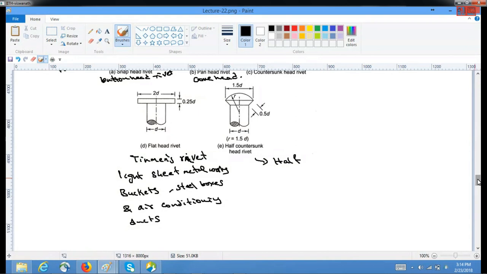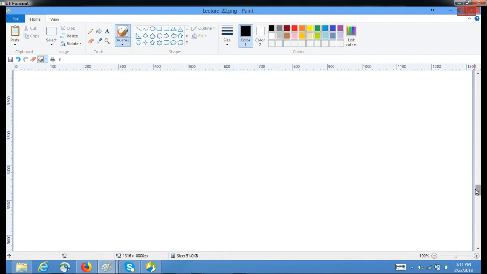Depending upon the applications, there may be a change of rivets, and the standards are also different for the different types. And all the rivets for the different types of head should have the following desirable properties.